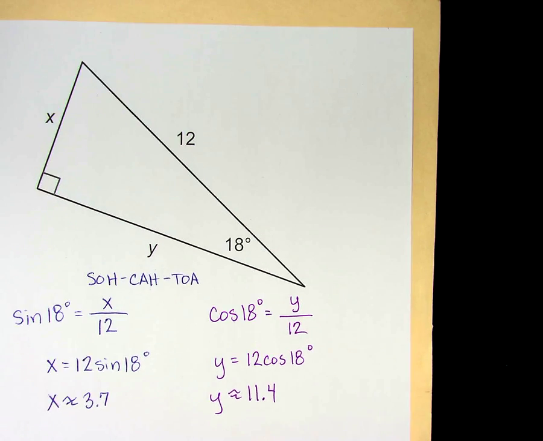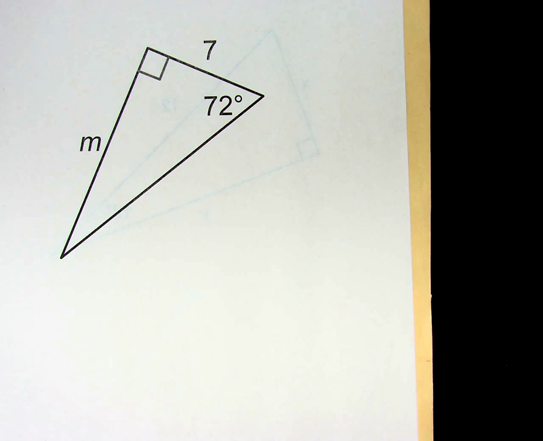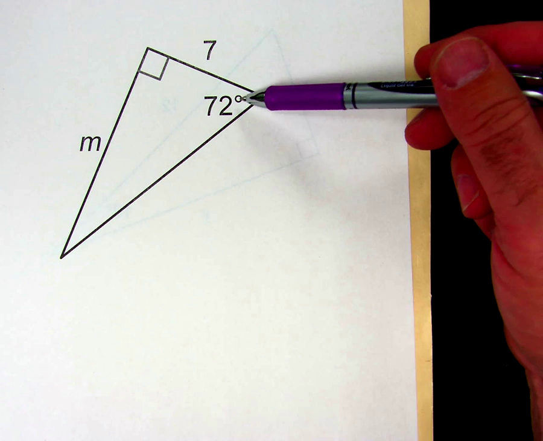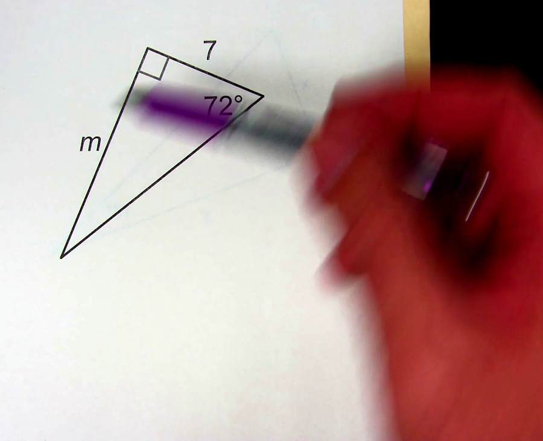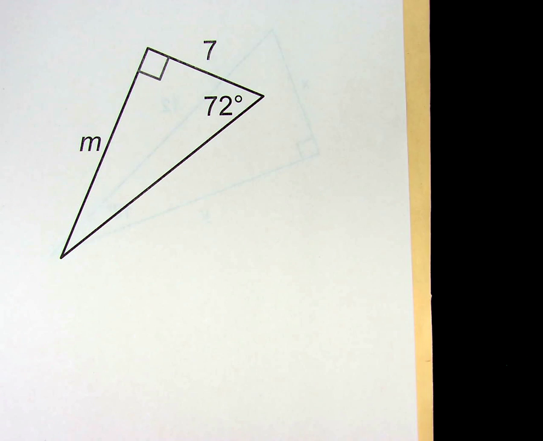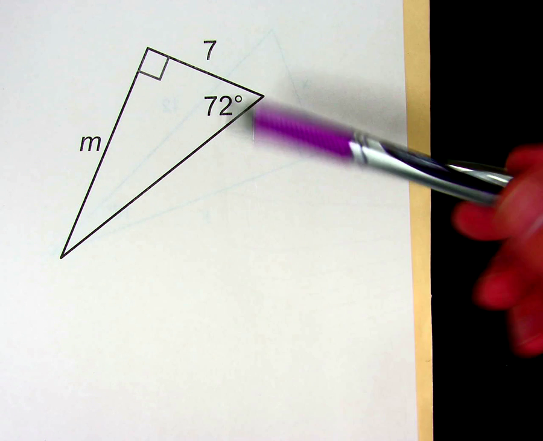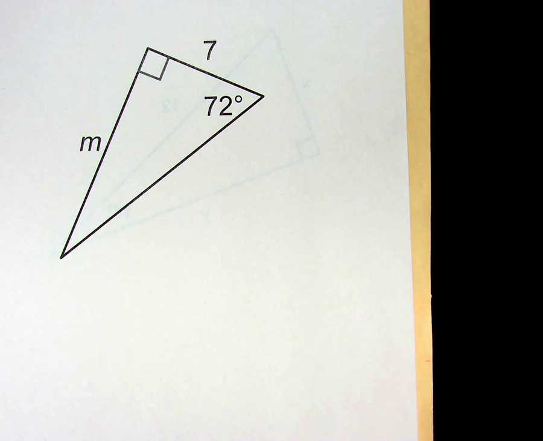I actually have another example. Let's suppose that we had this right triangle and we have this 72-degree angle. Now notice that m is the length of the leg opposite the 72-degree angle, and 7 is the length of the leg adjacent to that 72-degree angle. I don't know the hypotenuse.